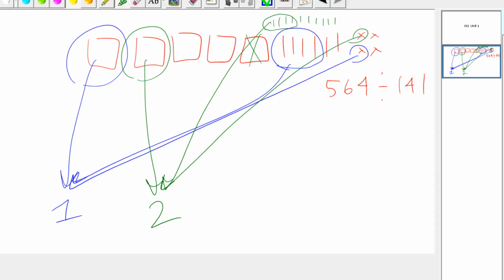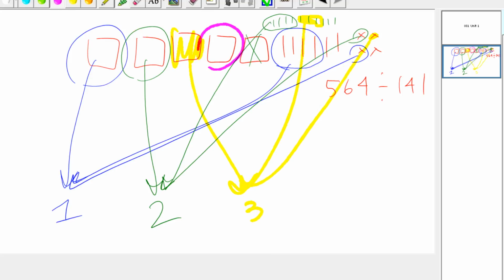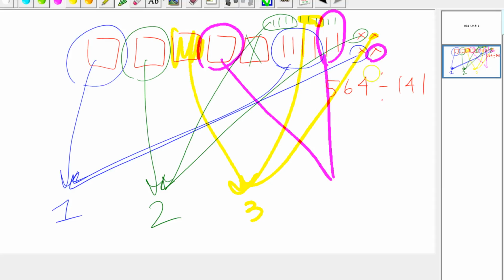Use a highlighter for the next one. 100, 1, 2, 3, 4 tens, 1 one. That's our third group. And finally we have 100, 4 tens left, 1 one left. Put those together, and that's our fourth group.